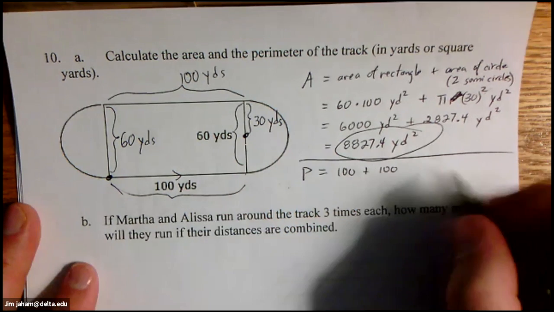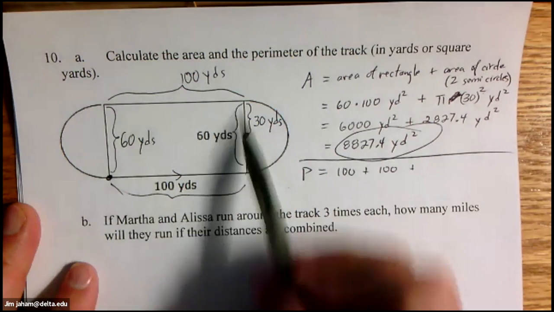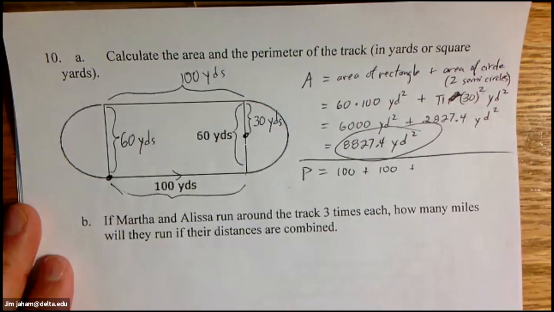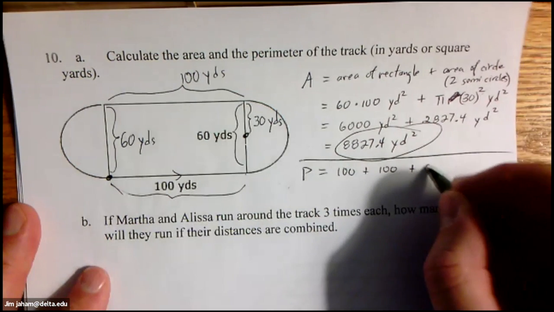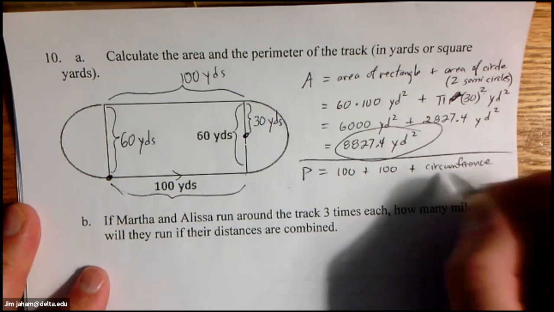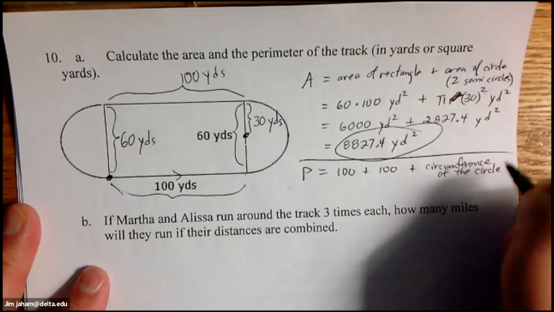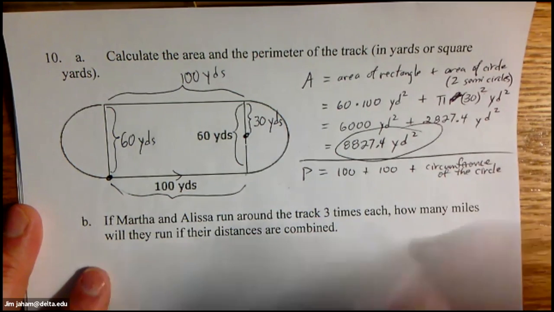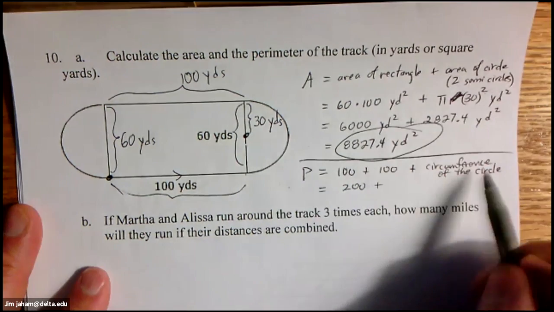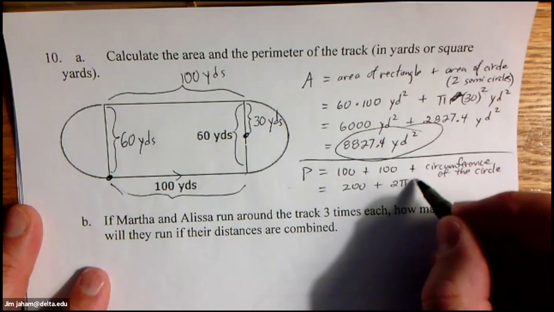And we're not counting these verticals here because these are not actually part of the track out here. So 200, 100 plus 100, and then the circumference of the circle, which is 2 pi r.